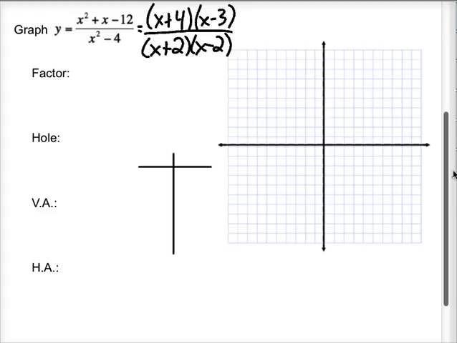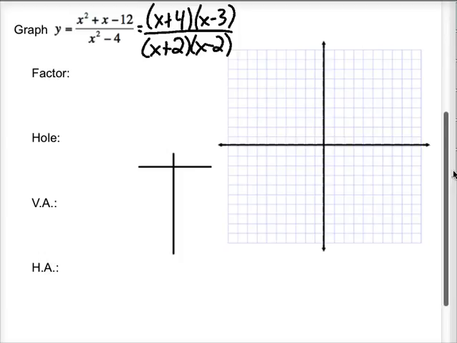And if you look at this, nothing is going to end up canceling out in the end. None of the pieces actually end up being the same. So a little bit strange situation, but it can happen that even when you factor, sometimes nothing's going to cancel.